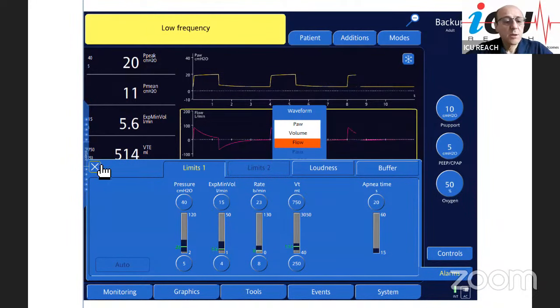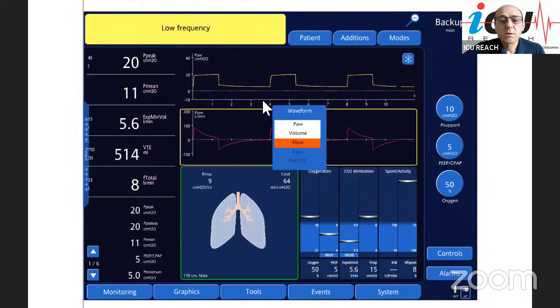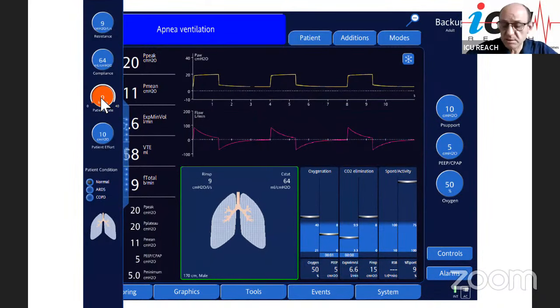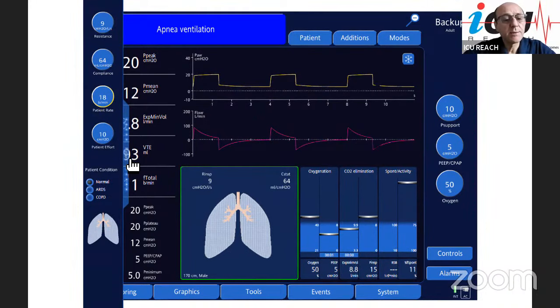All right, so you can see here, this is a patient. Let's ask him to start breathing and give him a rate of 18.